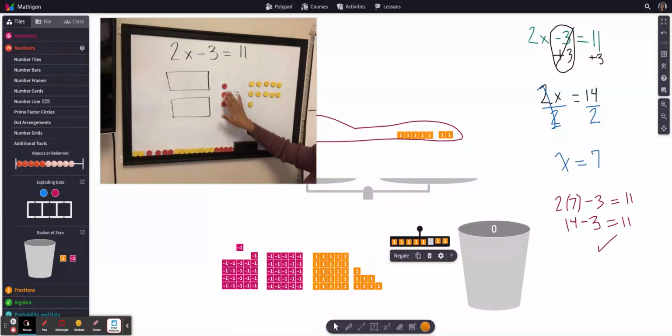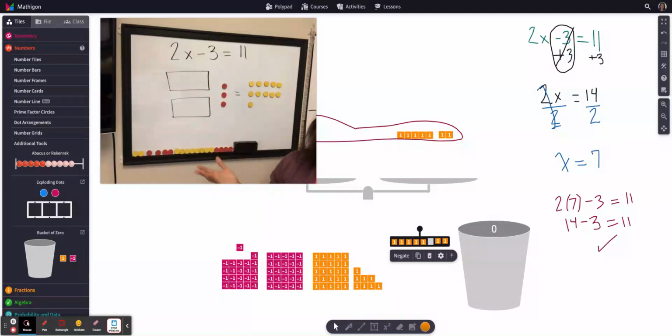Well, here's something that I know. I know that when I combine some positives with some negatives, that they're going to end up becoming zeros. And I know that when I combine what's in here with these three, I'm supposed to have a total of positive 11. So that means I must have more positives than negatives, right?